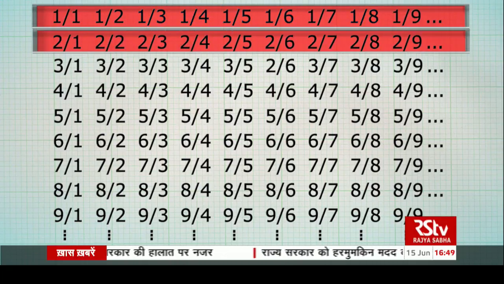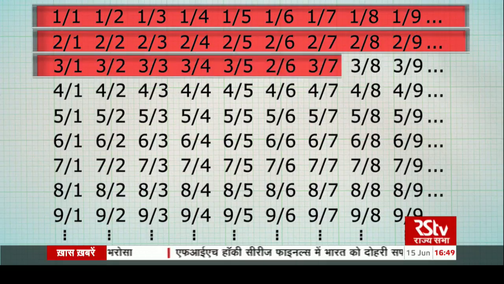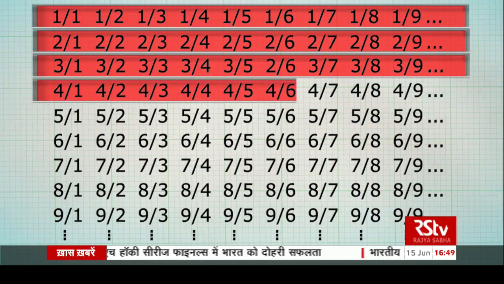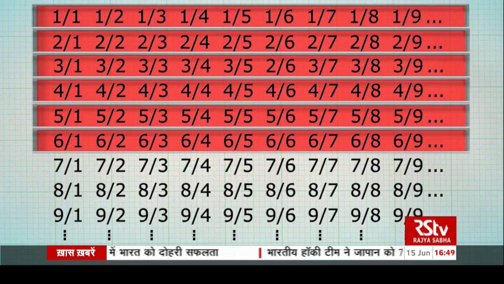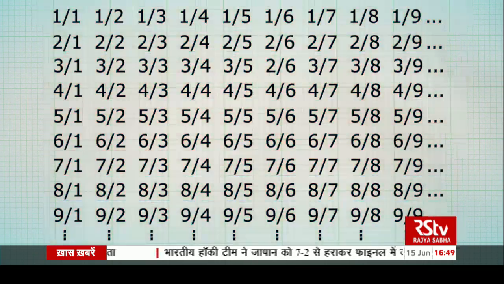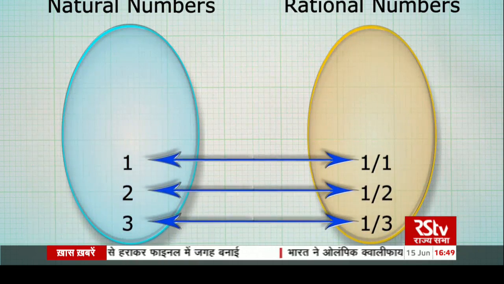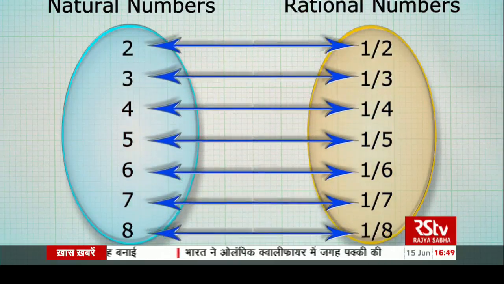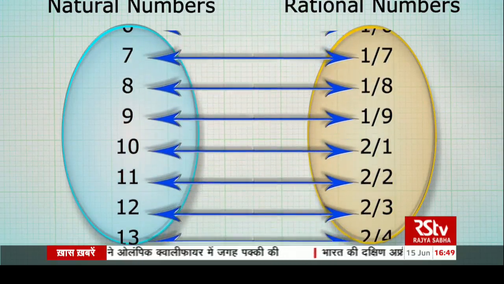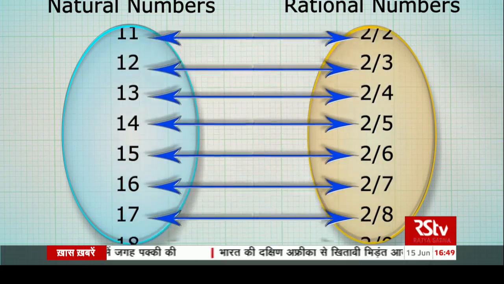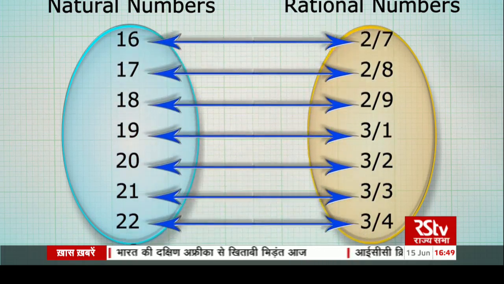Then he lined up ones with 2 as the numerator: 2 by 1, 2 by 2, 2 by 3, 2 by 4, 2 by 5, and so on. And then 3 as the numerator, and so on infinitely many times. We're talking about an infinite amount of infinite sets. Now, as we have just shown, if we can show a one-to-one correspondence with natural numbers, then this set is the same size as the set of natural numbers.